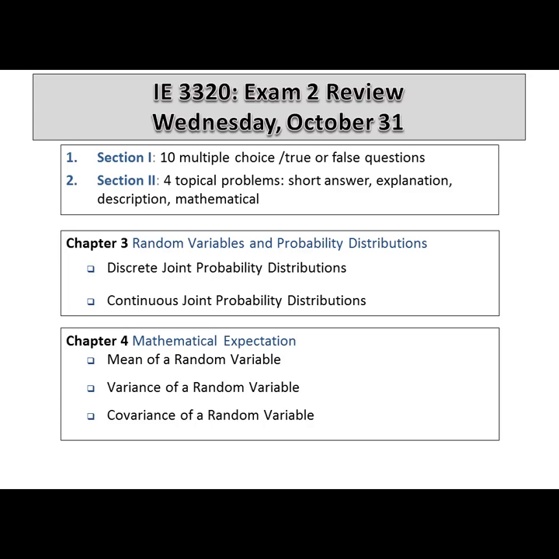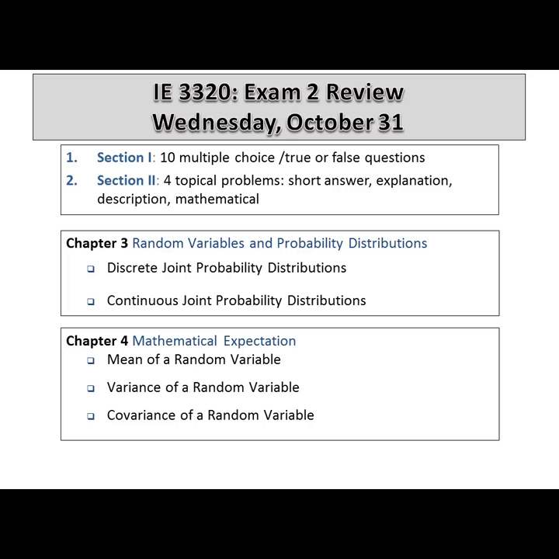In terms of the material, we have material from the 3rd chapter, which was random variables and probability distributions. This is basically the last part of that chapter, in which we discussed joint probability distributions for discrete and for continuous random variables. You should be able to find a marginal distribution from a joint distribution for discrete and continuous random variables, and you should be able to compute probabilities for joint distributions as well.